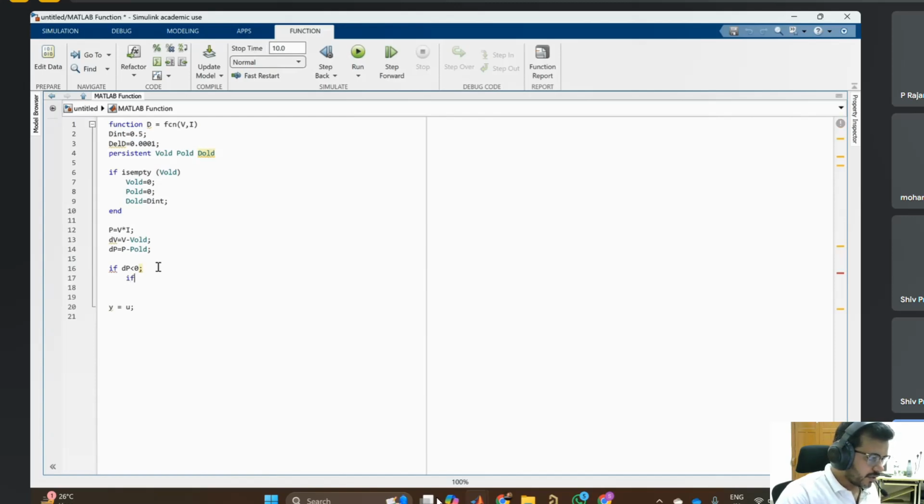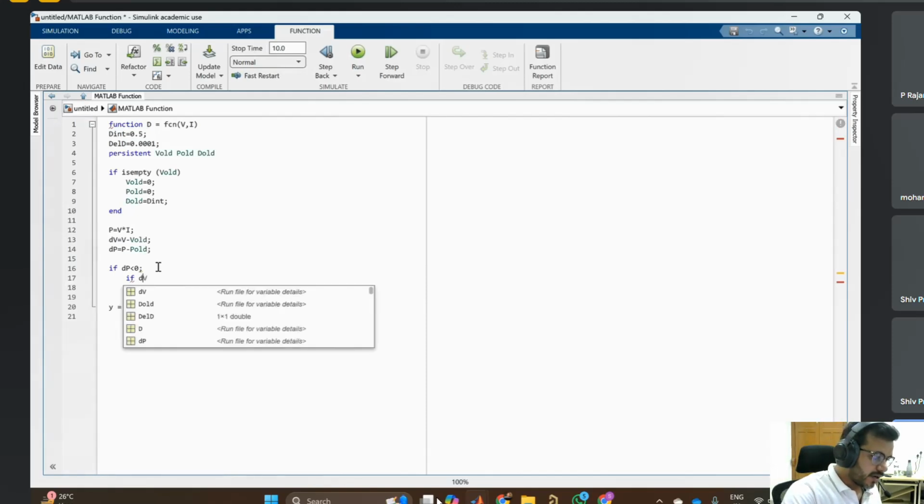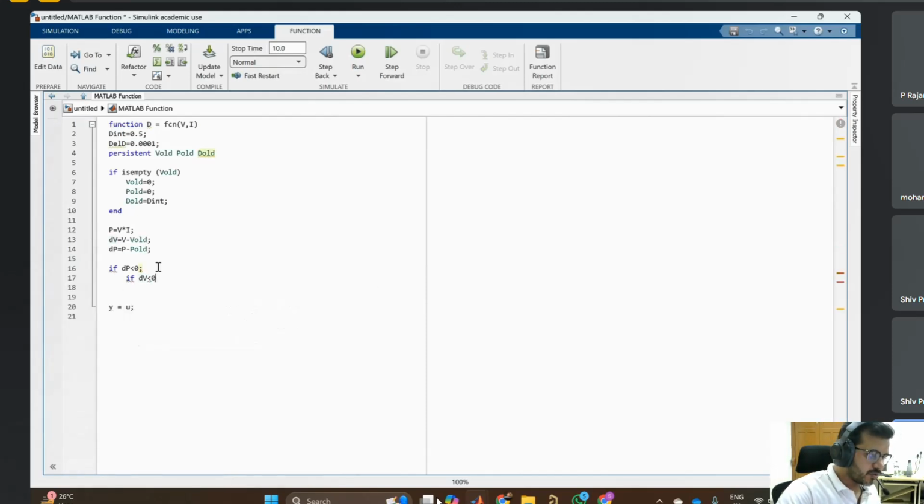Same thing, again del P has two conditions: before the maximum power point and after the maximum power point. Then again find the del V, which is also less than 0, no record of semicolon.